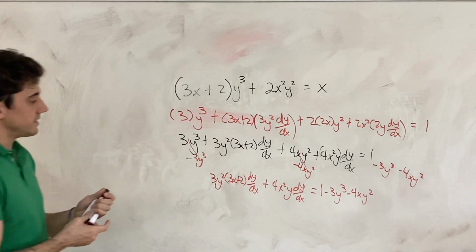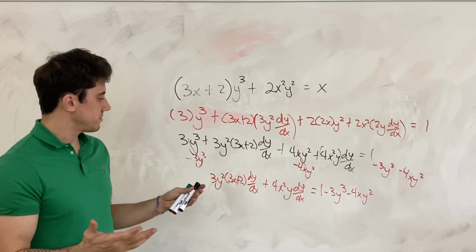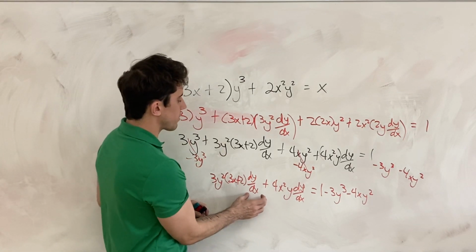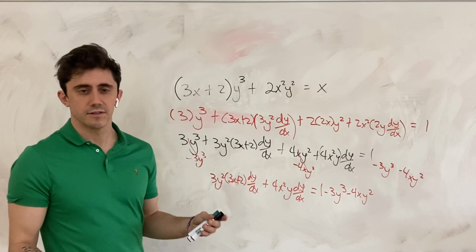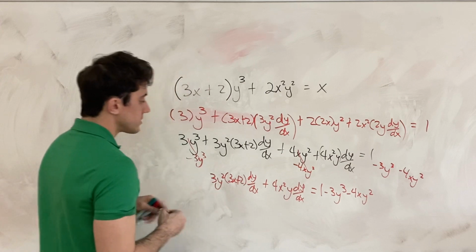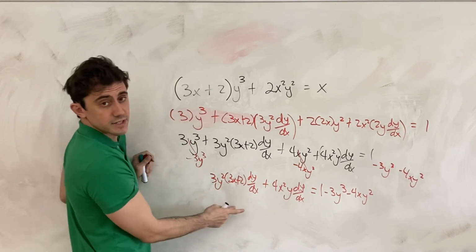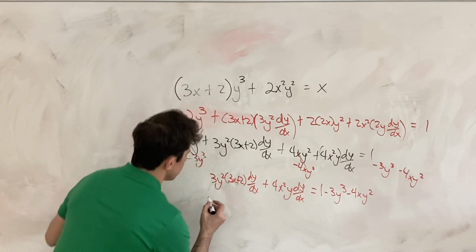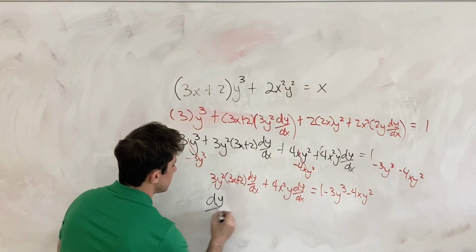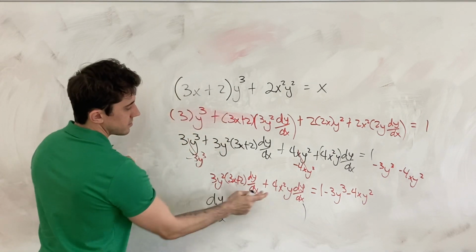And again, the goal of this problem is to find an expression for dy/dx, right? And so we want to isolate that component of the left-hand side. So let's factor it out of both terms. Since we have it common to both terms, we can factor it as such. And so we can write it as dy/dx times this plus that.